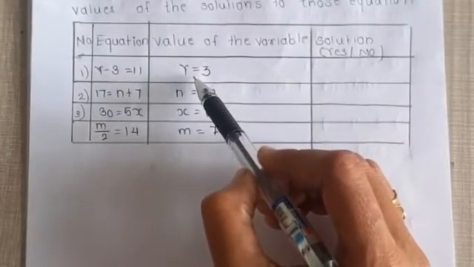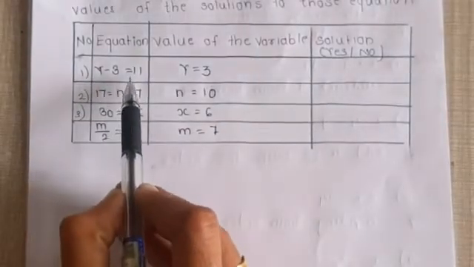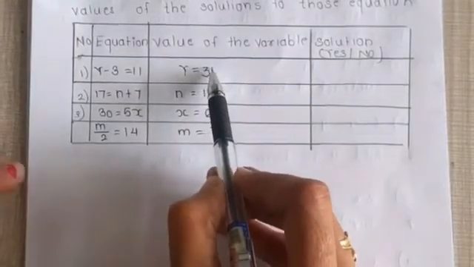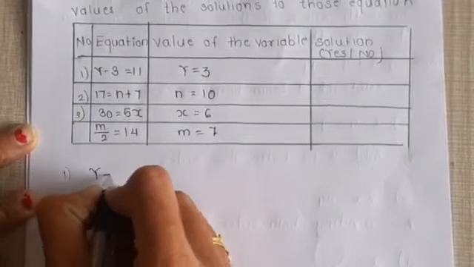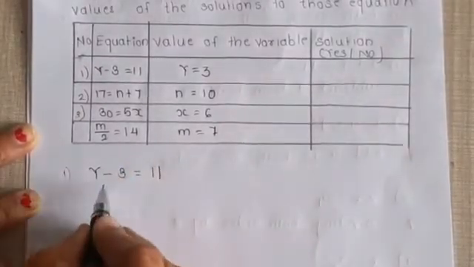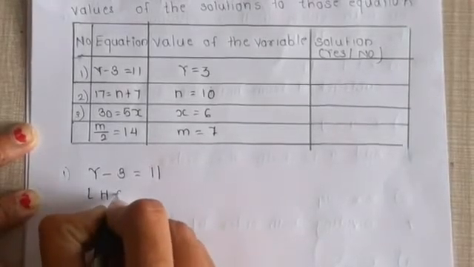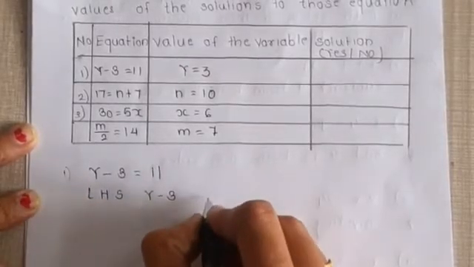Here they have given the value of the variable and the equation y minus 3 is equal to 11. You have to put 3 in the equation and solve. This is given in the table. Now we will put y is equal to 3. Solve it. LHS is y minus 3.